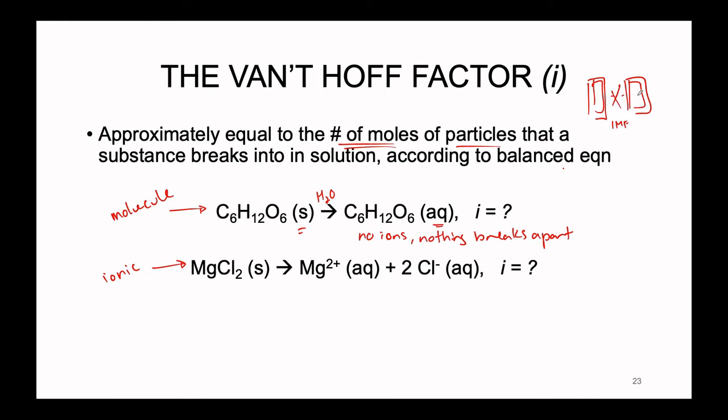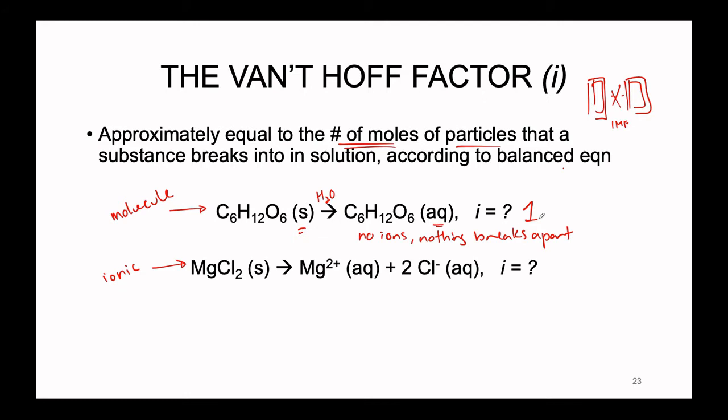So as one molecule of sugar breaks itself apart from another molecule of sugar, ultimately the number of particles that we have in solution will equal those that we started with. How we represent this is with a Van 't Hoff factor being equal to 1. One molecule of sugar dissolved creates one molecule of sugar.